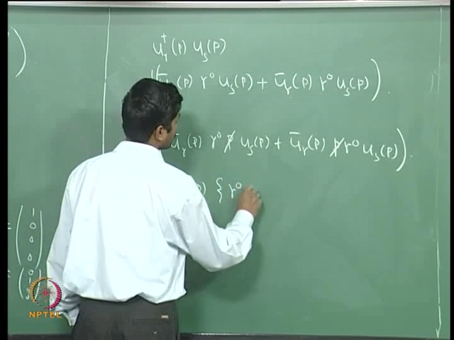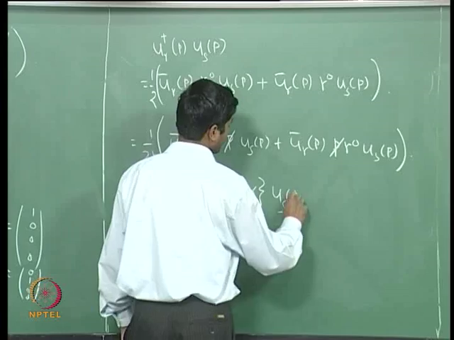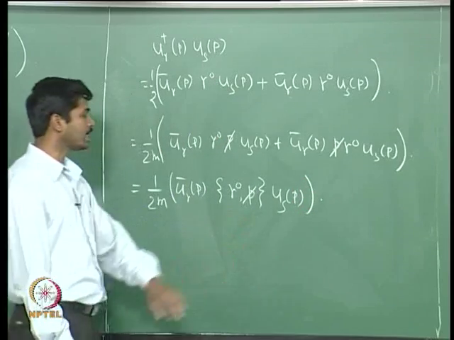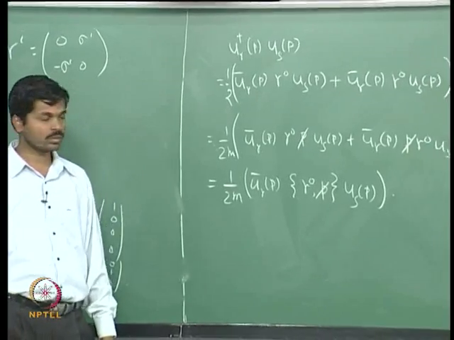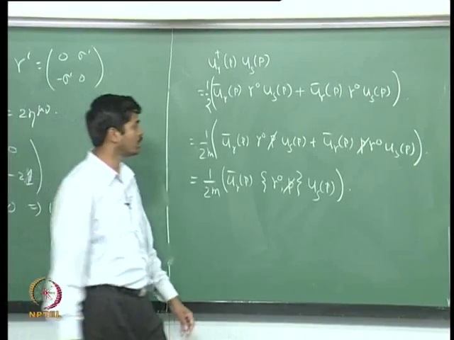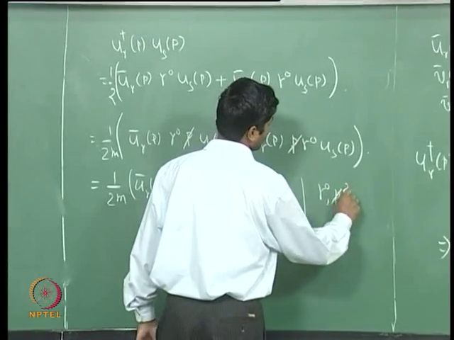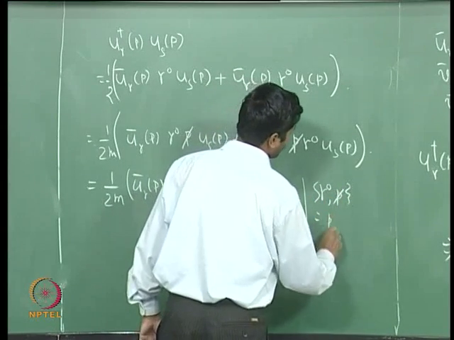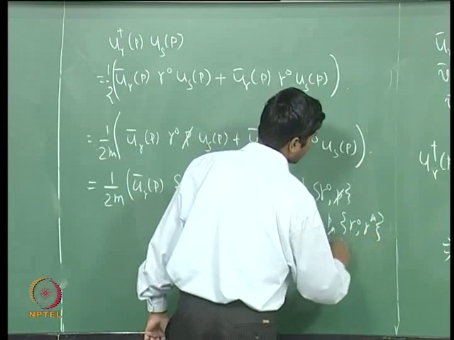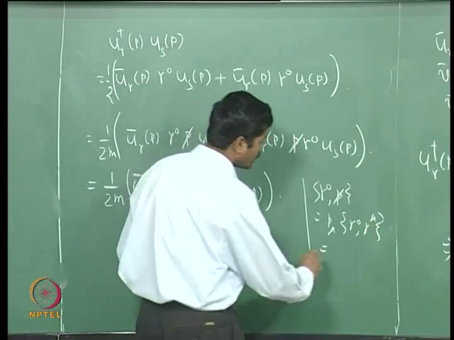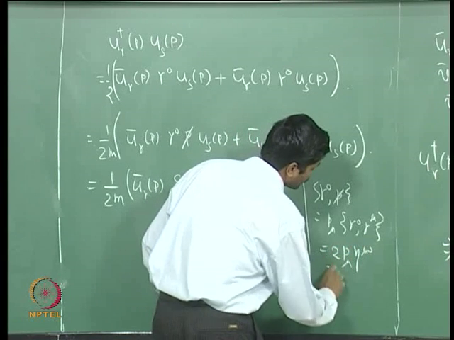anticommutator of gamma 0 p slash u s p, and what is the anticommutator of gamma 0 p slash? Gamma 0 p slash anticommutator is p mu gamma 0 gamma mu anticommutator. So, this is equal to twice p mu eta mu nu, which is 2 p 0.